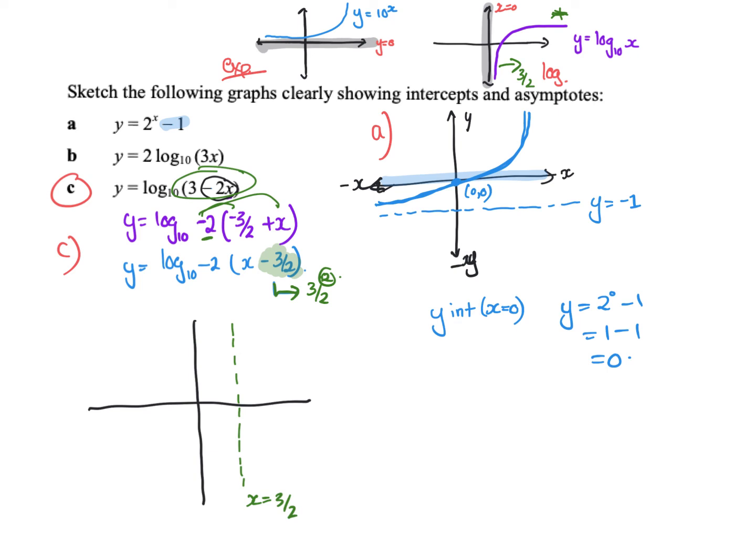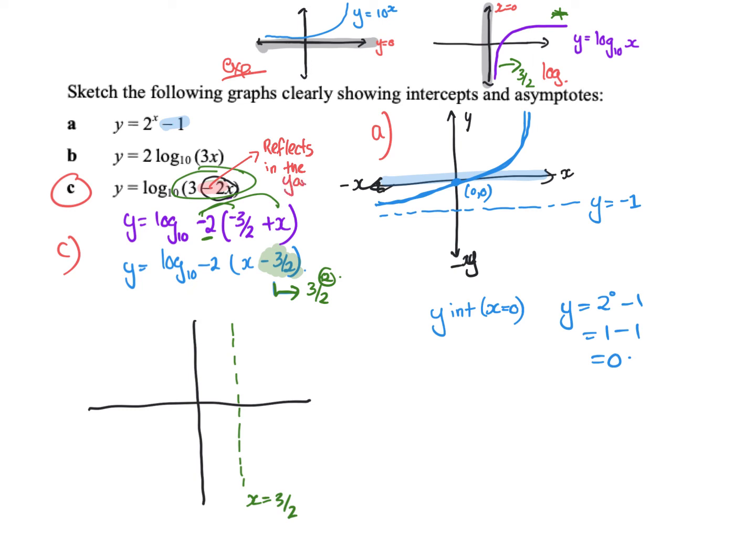But now we have to really think about this negative in here, because the x is negative. That negative reflects in what? Who remembers? When your x is negative, it reflects in the y-axis.